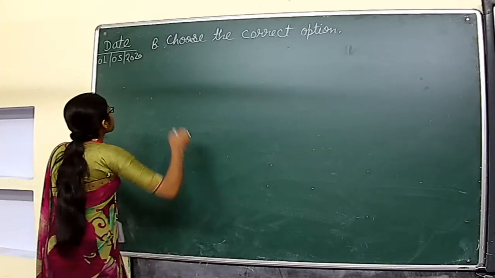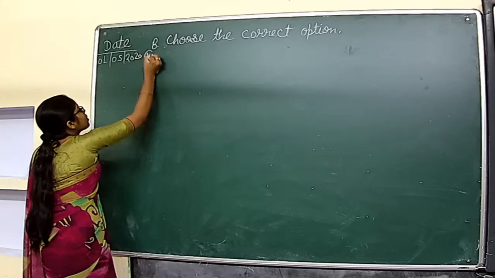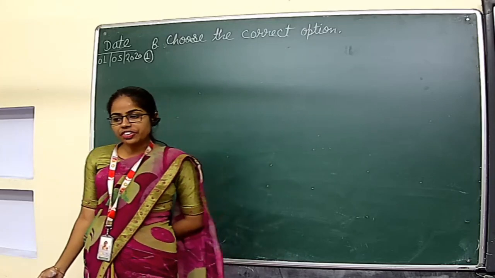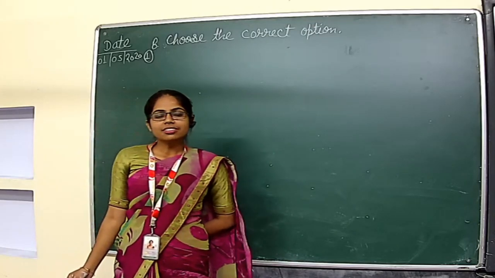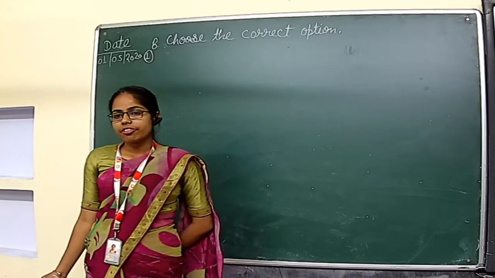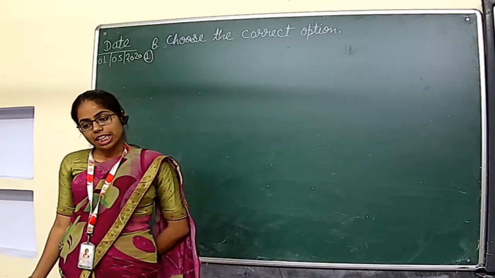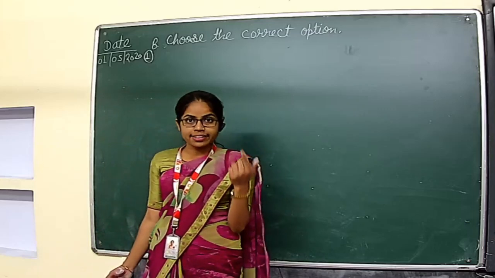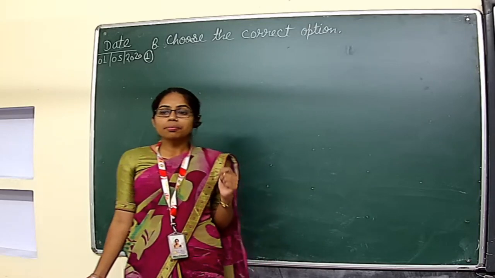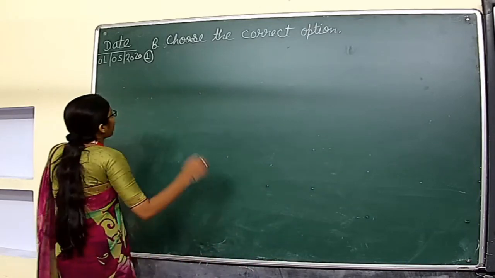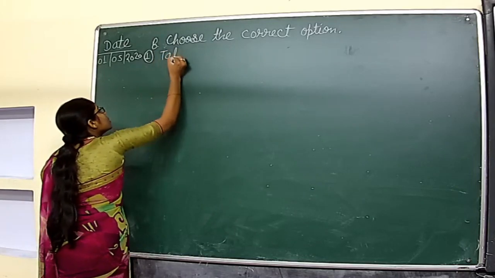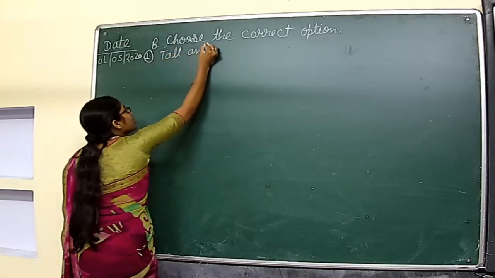And now the first question among this is, tall and straight trees with needle-like leaves are found. The first option is on hills, second option is in deserts, and the last option is in plains. Let's see the question. Tall and straight trees. Write with me.